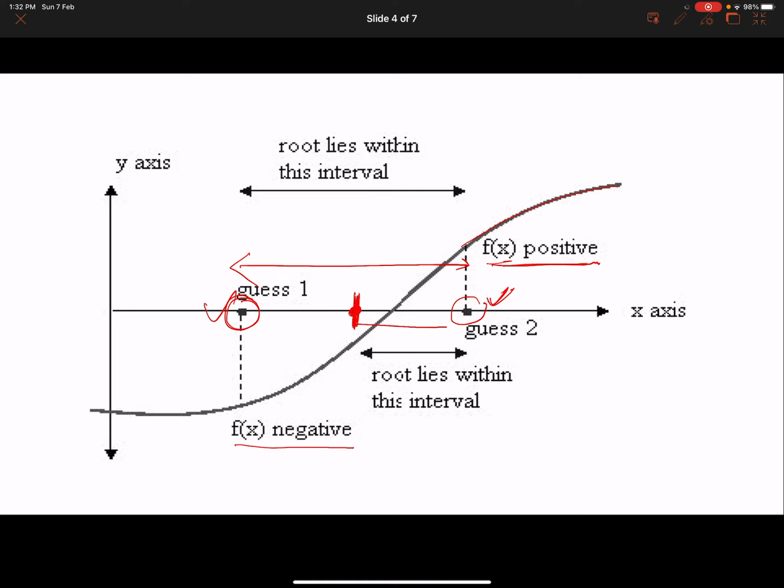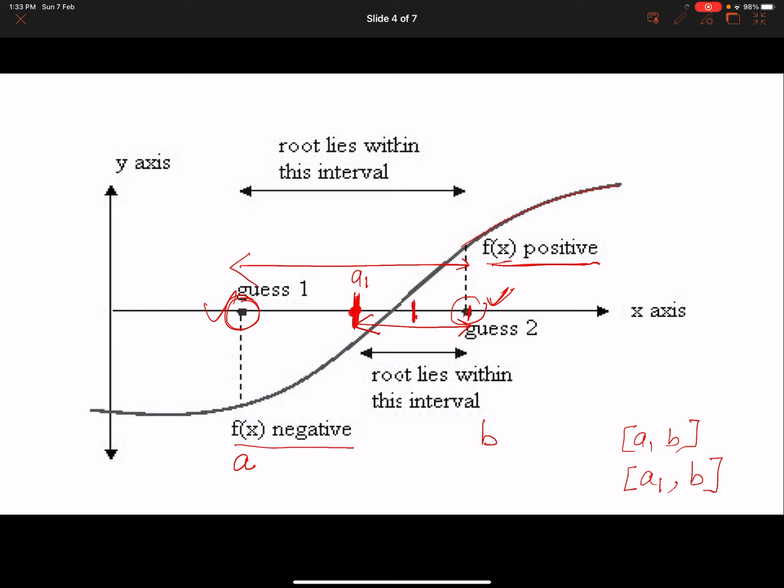Now this means that the root lies between these 2 points. Let us assume this as point A, this one as point B. Then we have this A1. We said that the root lies between A and B, and then we'll say the root lies between A1 and B. Similarly, now we'll bisect this and it will come here.